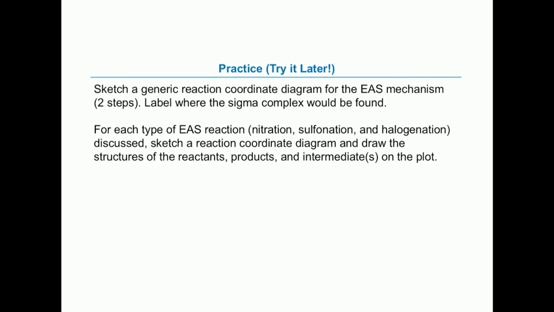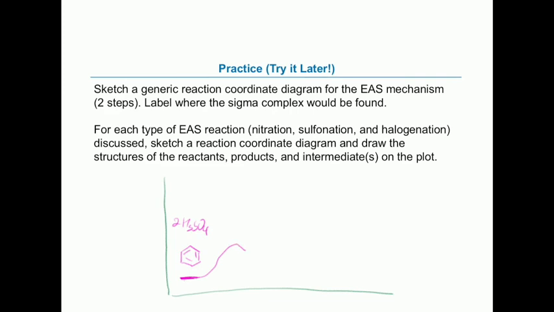If we want to try the same thing with sulfation, you'll see very much the same type of steps as we did with previous. So once again, let's put a level down here. This is our benzene, and we've got 2 molecules of H2SO4.